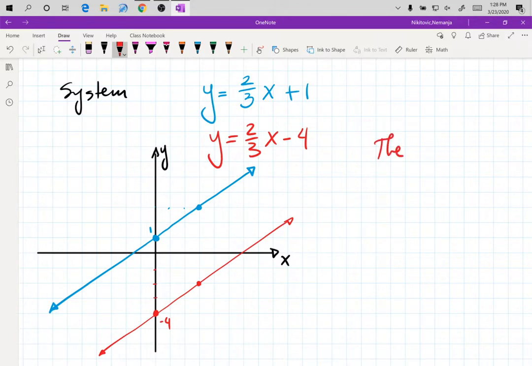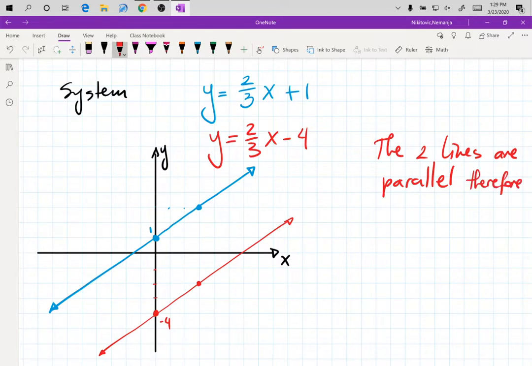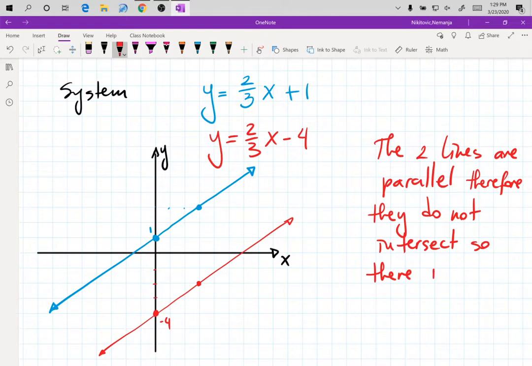So the two lines are parallel, therefore they do not intersect, so there is no solution in this case.